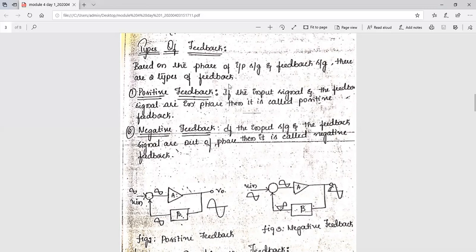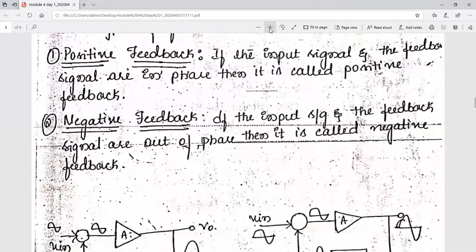So we will compare the phase of the input signal and the phase of the feedback signal to decide whether it is a positive feedback or a negative feedback circuit. Clear? So let us see the particular circuits.